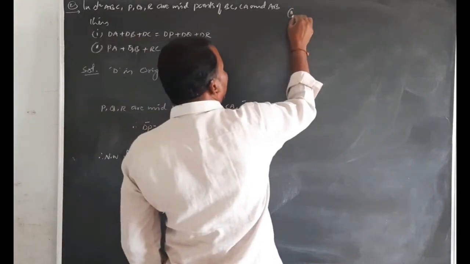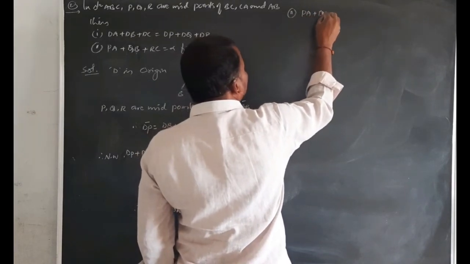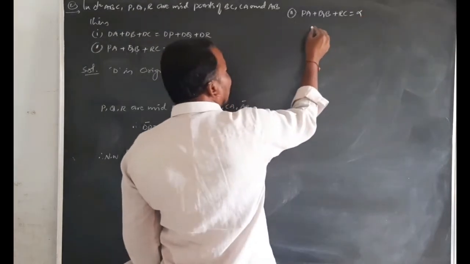Second one, PA plus QB plus RC equals alpha. Find alpha.